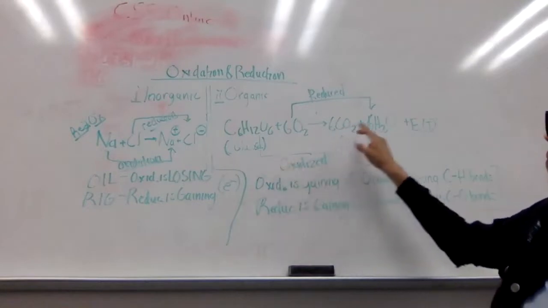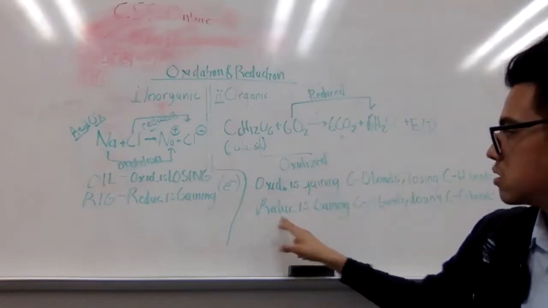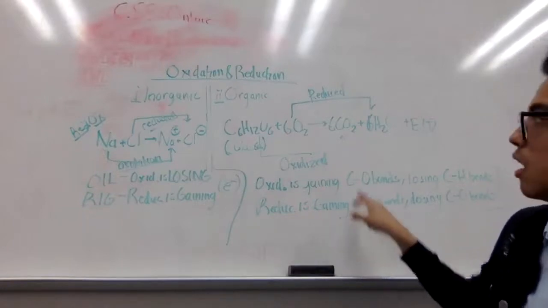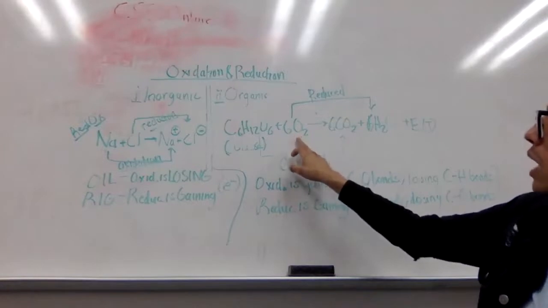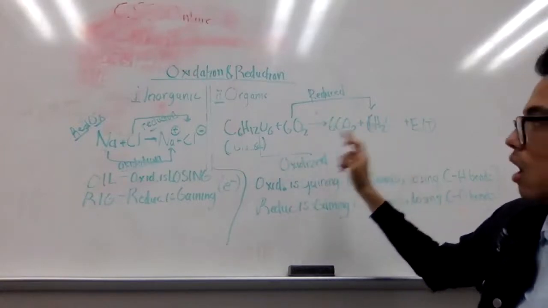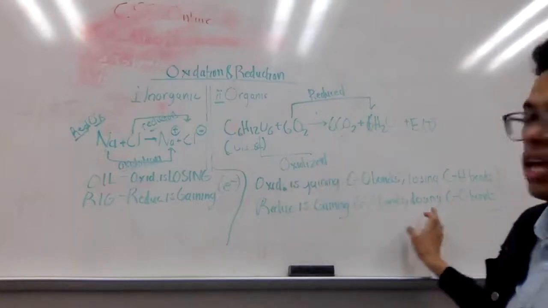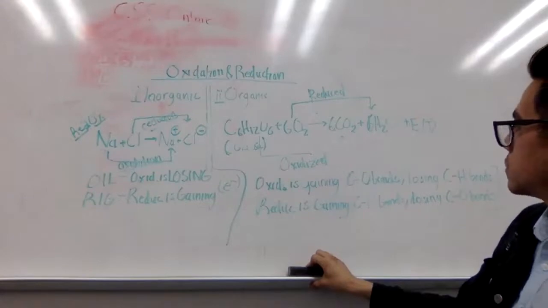And the way reduction is determined in the organic sense is that it's gaining CH bonds. And you can see that when you're looking at the O2. O2 is gaining CH bonds, and that's why you see it become H2O. Another way you can think of it is it losing CO bonds.